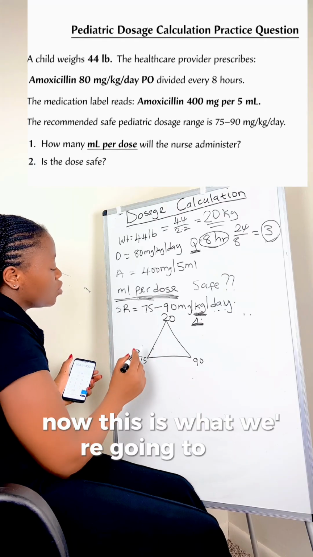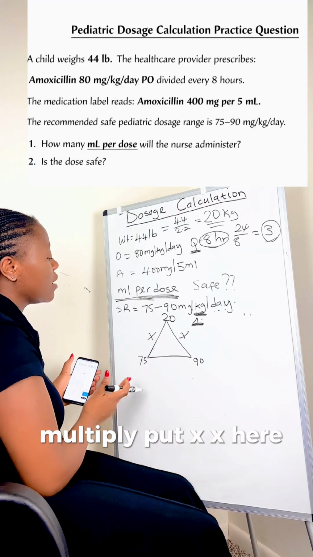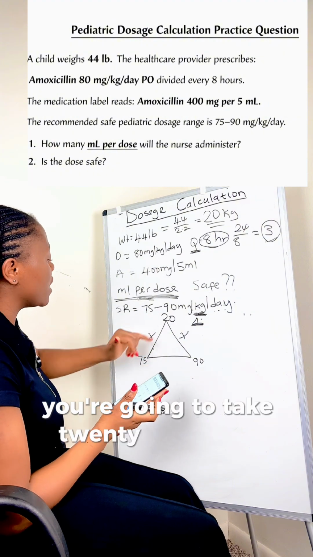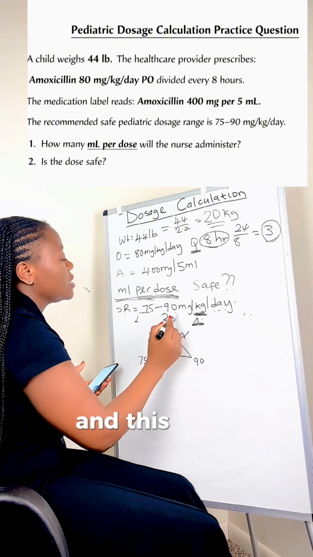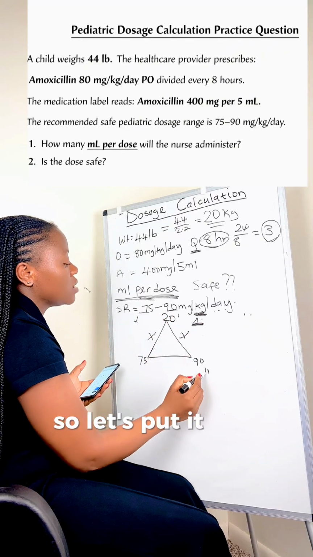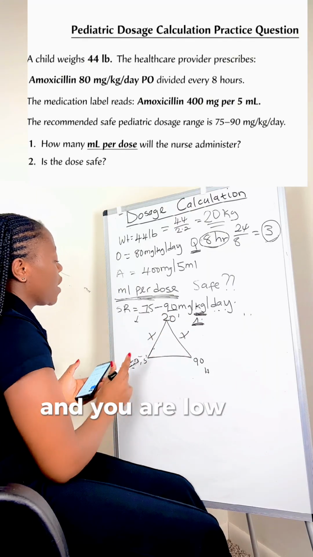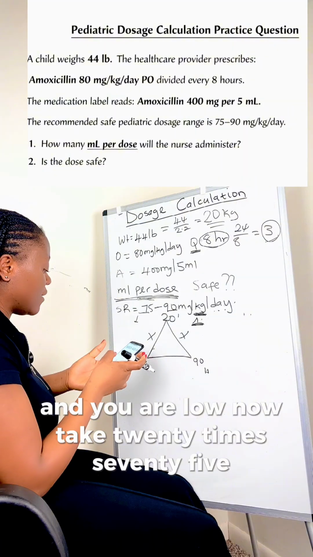Now, this is what we're going to do. Multiply, put x here. You're going to take 20 times the lower, this is the lowest range, okay? And this is the highest range. So let's put it here, high and low. Now take 20 times 75.